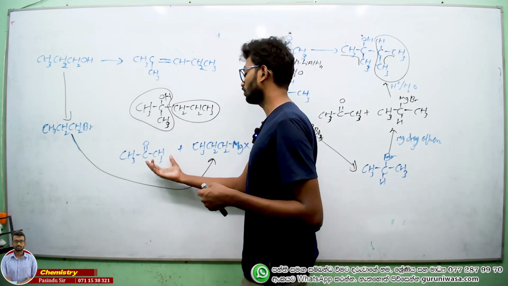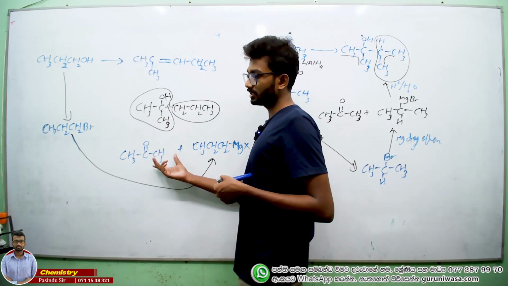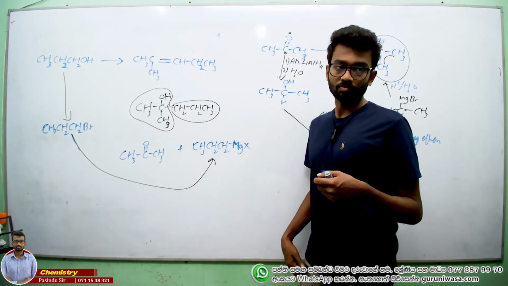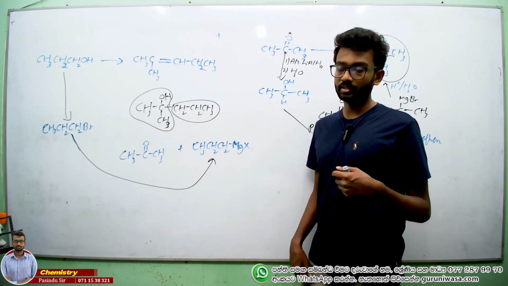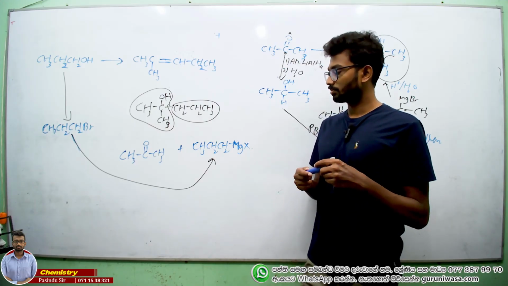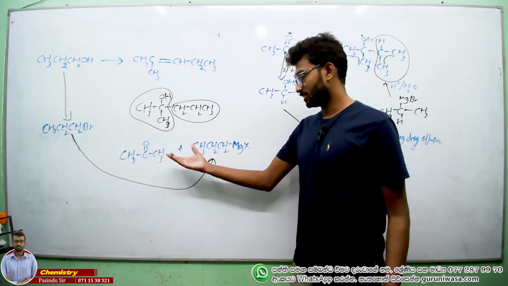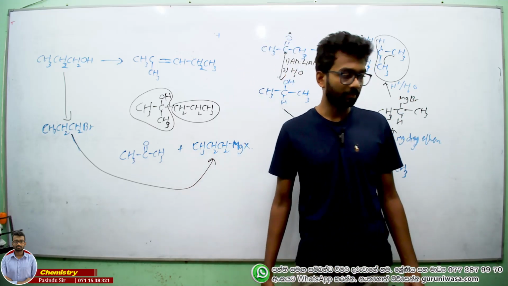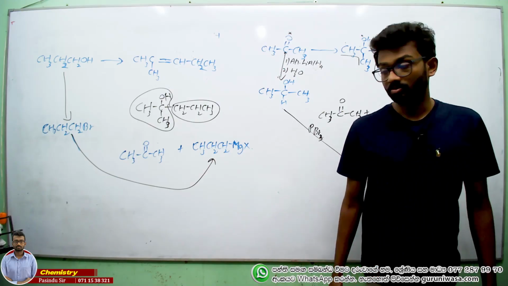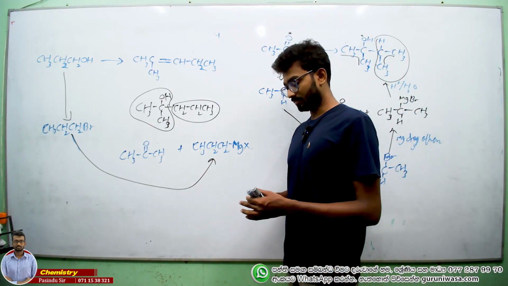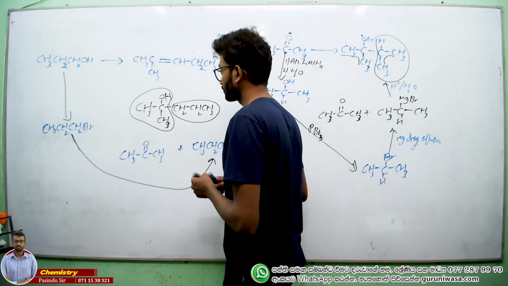Then how do we get this one? This is propanol, right? Propanol, so it's present in the laboratory, right? I said there's another method, right? Okay, before that I will finish this one.